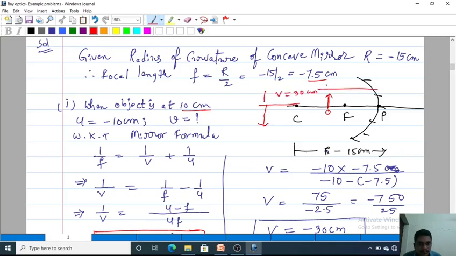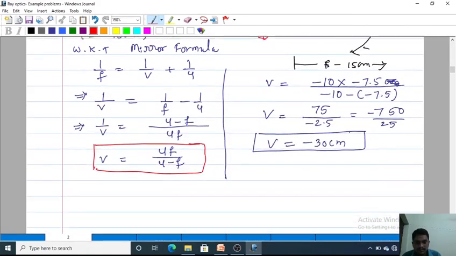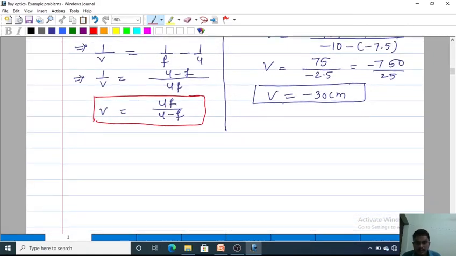This is the object at 10 centimeters, and this is the image. Now we have answered one question: we found the position of the image, and we need to find its magnification also. Magnification m equals minus v by u.